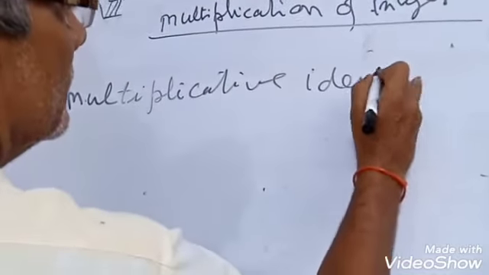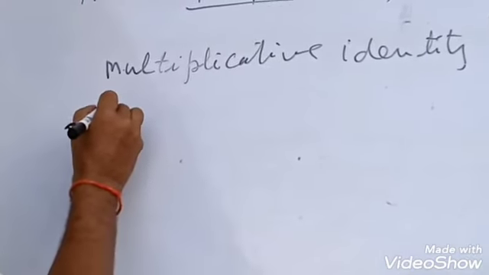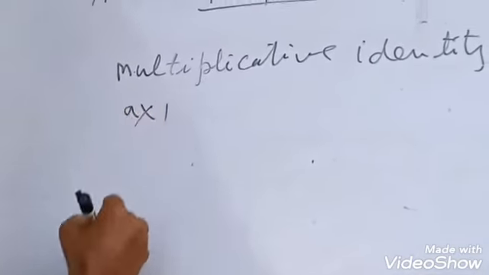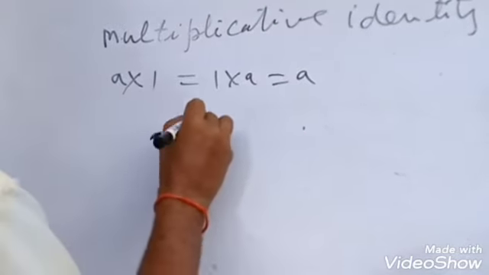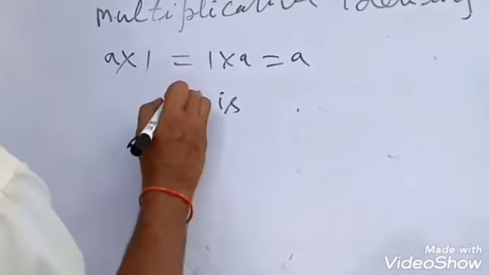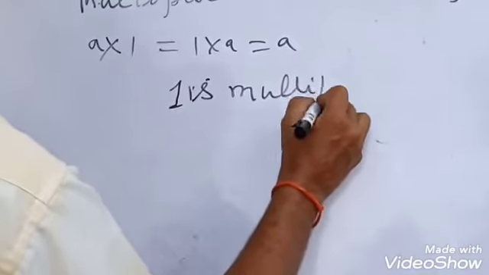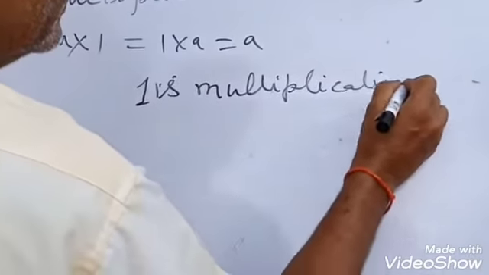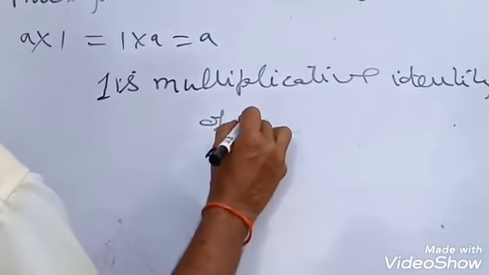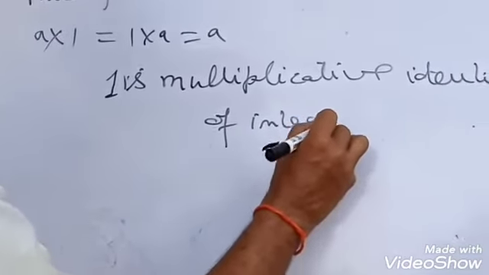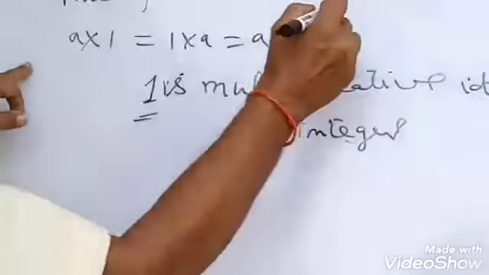Identity. Multiplicative identity. When A is multiplied by 1 is equal to 1 into A, this is equal to A. 1 is the multiplicative identity of integers.